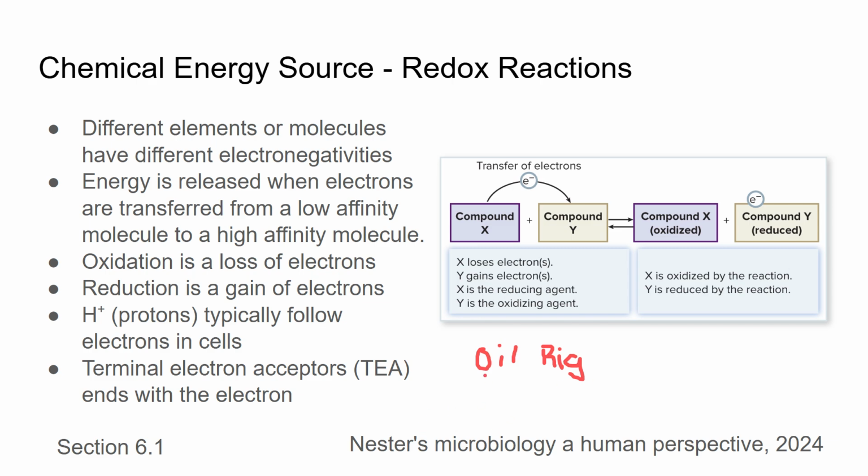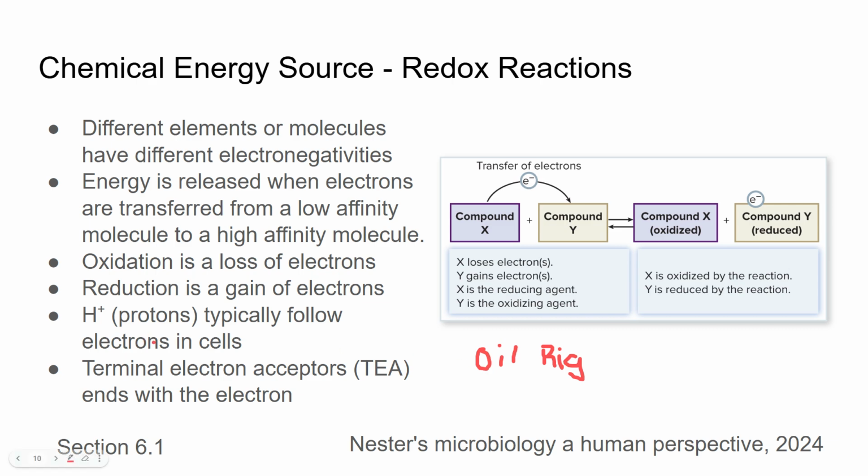So if you're losing an electron, that's oxidation. If you're gaining it, it's reduction. And then it can get a little bit more confusing when we're talking about the reducing agent. It's the thing that's causing something to be reduced. So the reducing agent would be what's being oxidized. But you don't need to really get into that too much.